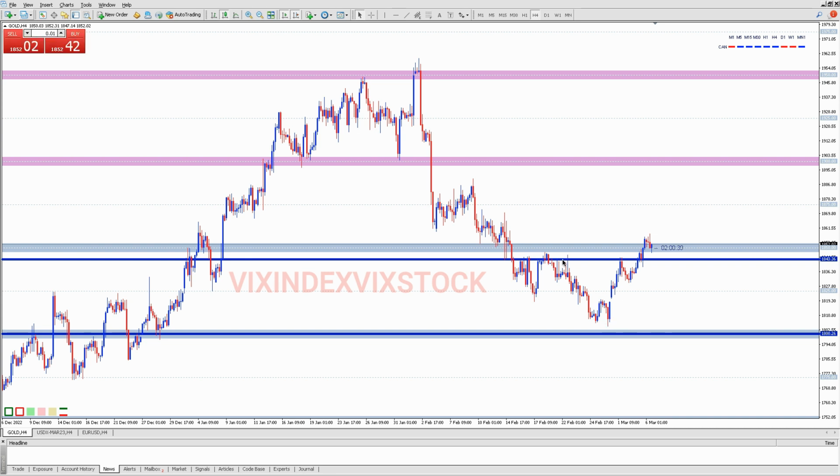It's because usually as price is trickling down here, there are people who are already looking for buys. Let's see if I can move this line here.